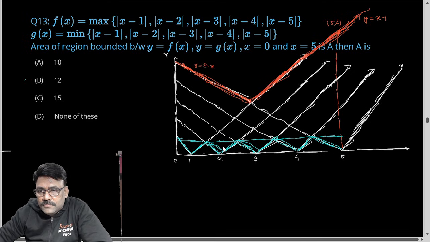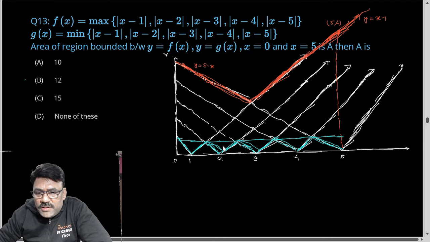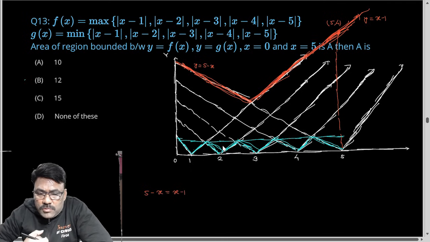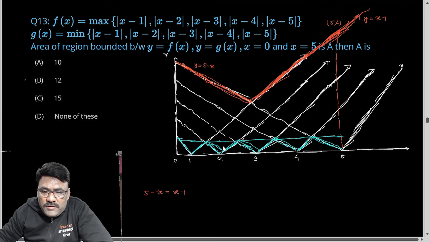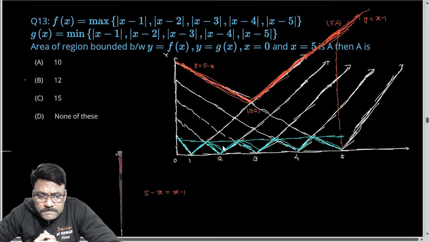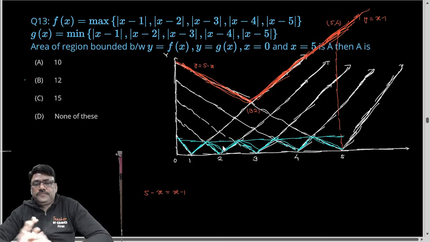If you find the intersection of 5 minus x and x minus 1, equate them, so you are getting 2x equal to 6. So this point is x equal to 3, that is 3 comma 2 here.